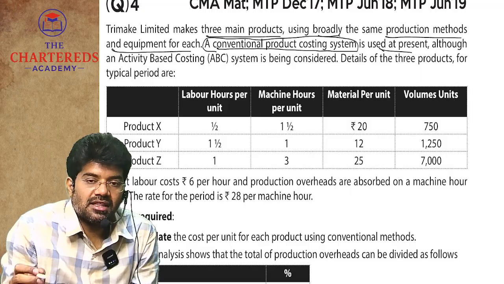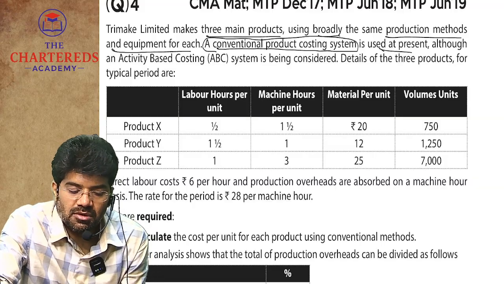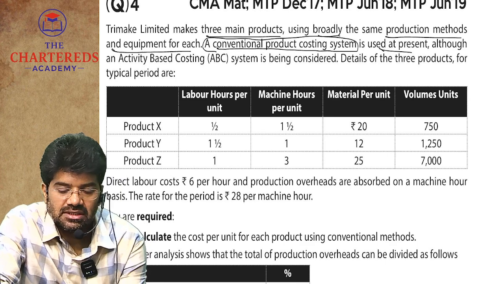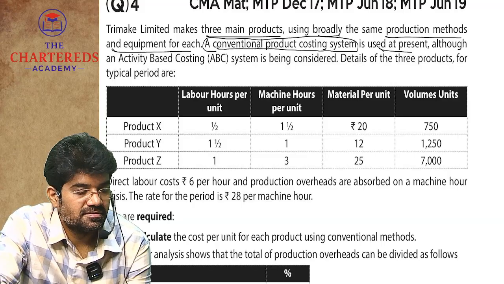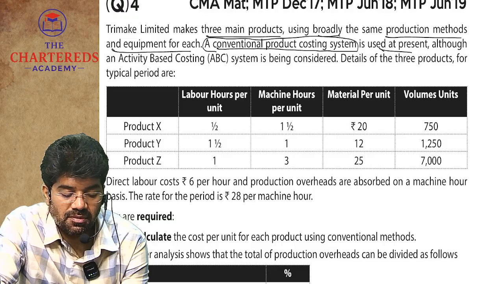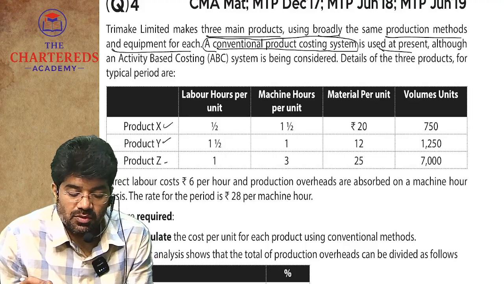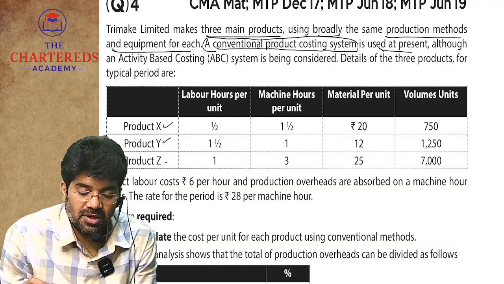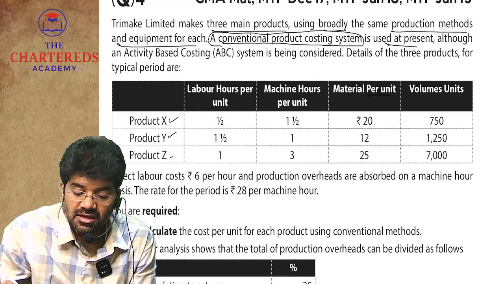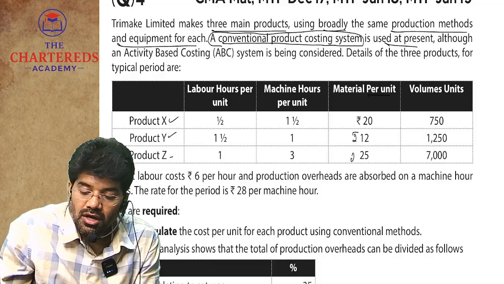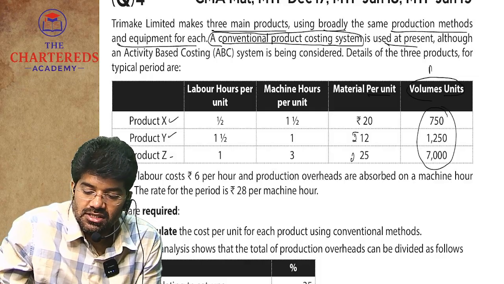So currently they are using traditional absorption costing, where we use only one base. Although an activity based costing system is being considered. Details of the 3 products for a typical period are given: for products X, Y, and Z, labor hours required per unit, machine hours required, and material cost per unit in rupees. Volume in units is the budgeted production output.